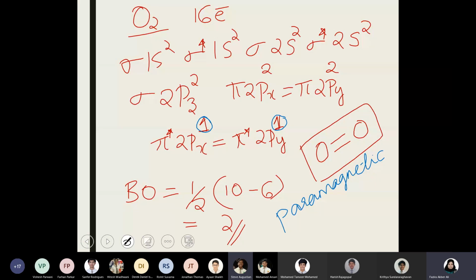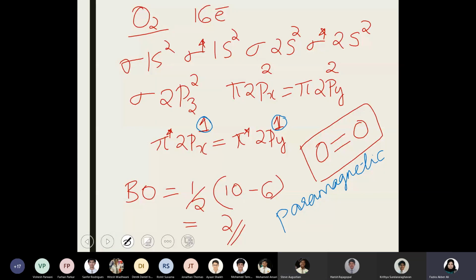Ma'am, will we be asked for molecules that are beyond oxygen, such as nitrogen or fluorine? Ma'am, we only know this MOT till oxygen, right? Not till oxygen, they can ask for any molecule.